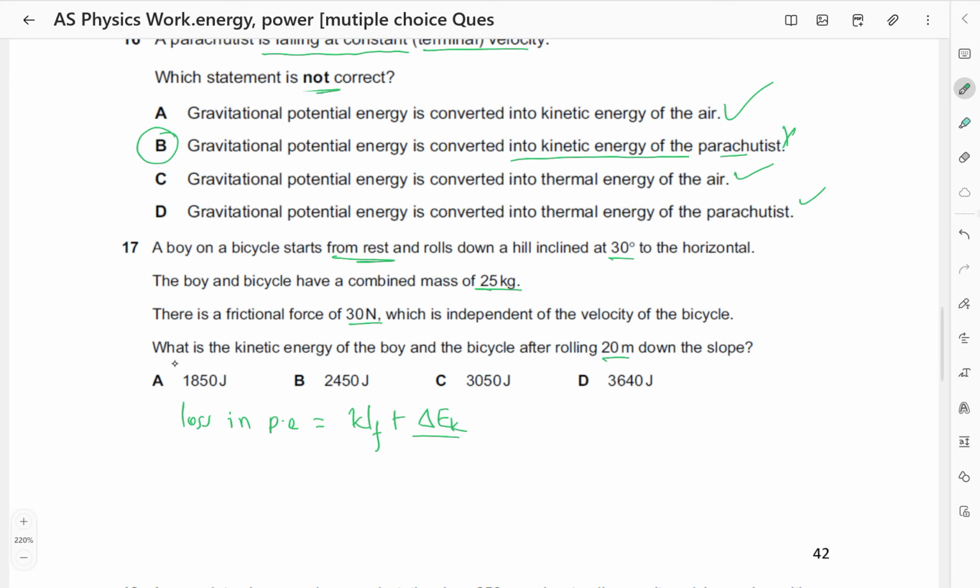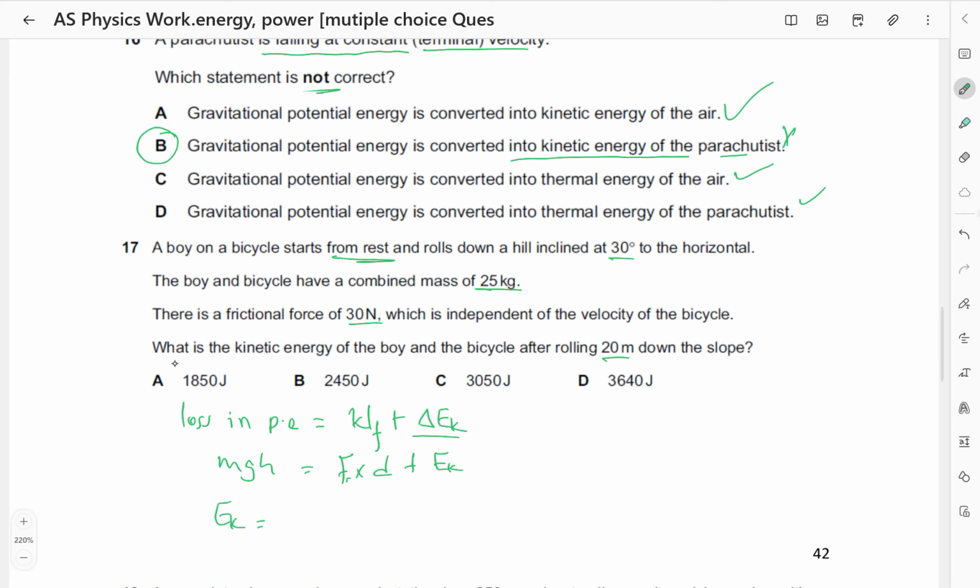So the loss in potential energy is going to be mgh. The work done against friction will be the frictional force times the distance in the direction of the force, plus the change in kinetic energy, just the final kinetic energy Ek because the initial is zero.